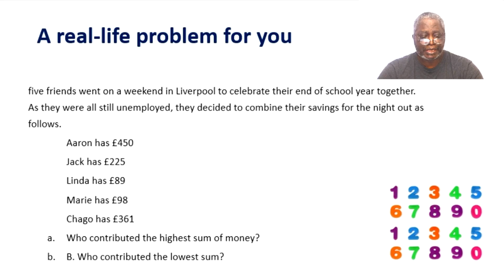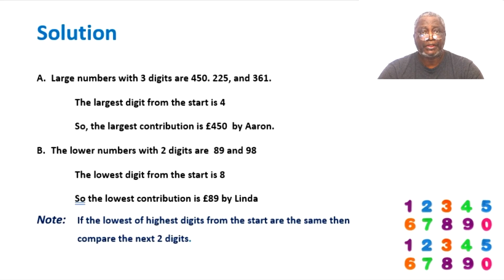Aaron has £450, Jack has £225, Linda has £89, Marie has £98, and Chego has £361. Who contributed the highest sum of money? Who contributed the lowest sum? Those are the questions you have to answer, A and B. Find the highest, find the lowest.